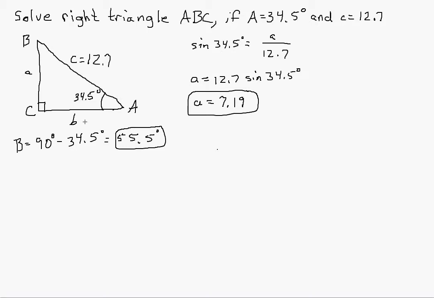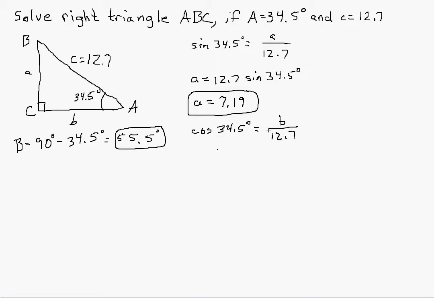Now, let's solve for side B. We can see that side B is the side adjacent to angle A. So adjacent over the given side, the hypotenuse, is cosine. So the cosine of 34.5 degrees is equal to the side adjacent, which is B, over the hypotenuse, which is 12.7.